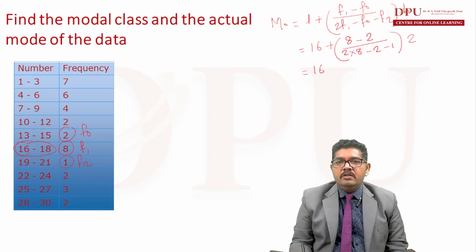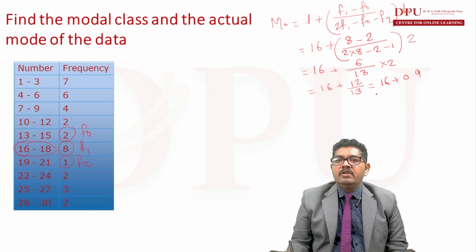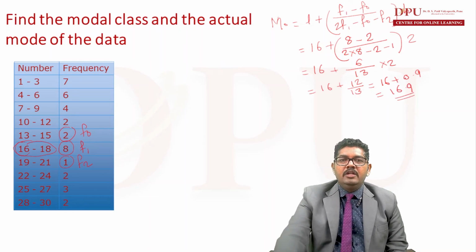So 16 plus 8 minus 2 is 6, 6 times 2 is 12, divided by 16 minus 3, which is 13. So this is equal to 16 plus 12 divided by 13, which is 0.9 something, so 16.9 is the mode value for the grouped frequency distribution.